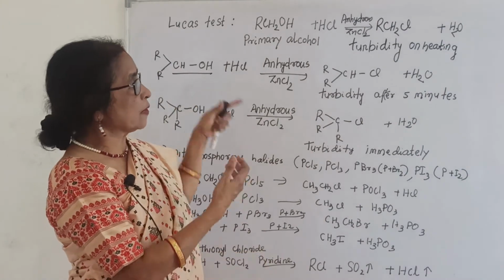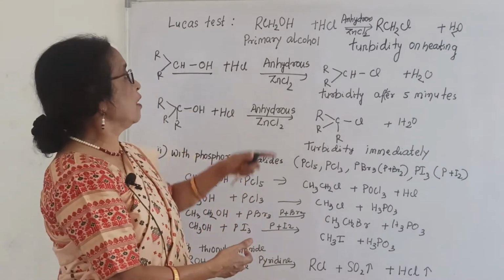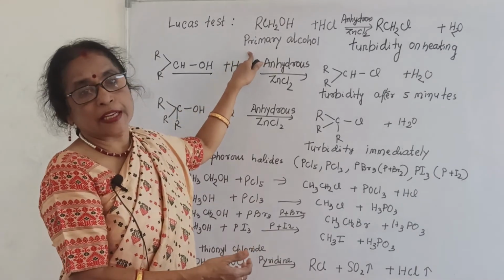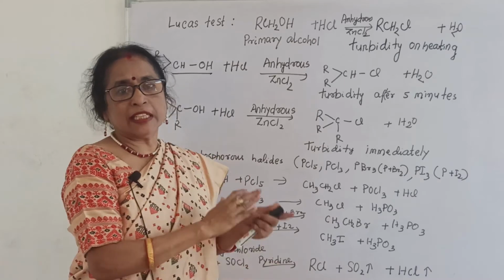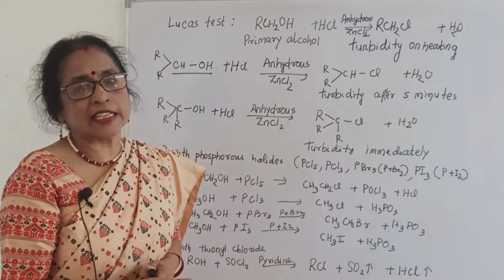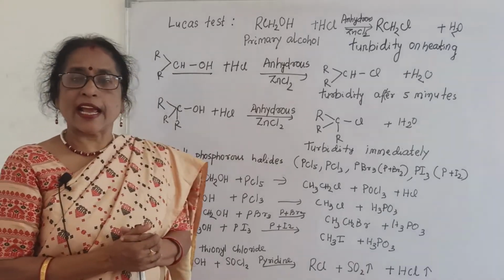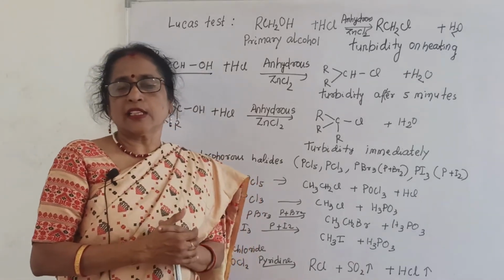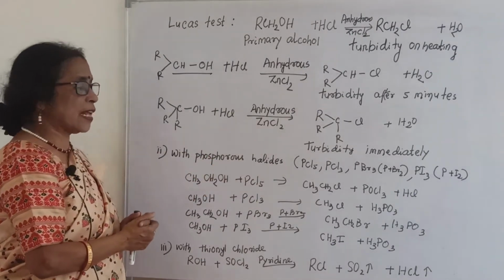If turbidity appears on heating, then you can say this is primary. So one can distinguish easily between primary, secondary and tertiary by treating with hydrochloric acid and zinc chloride, and that is called the Lucas test. Then come to phosphorus halides.